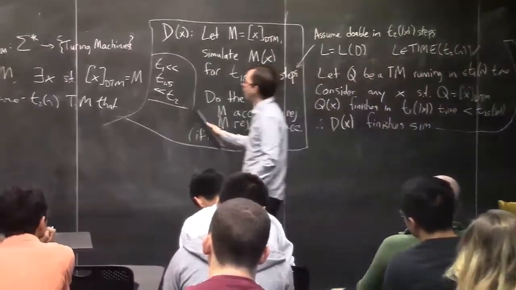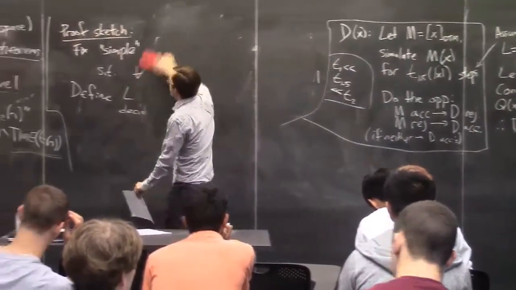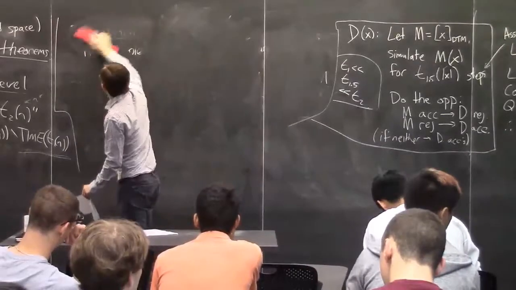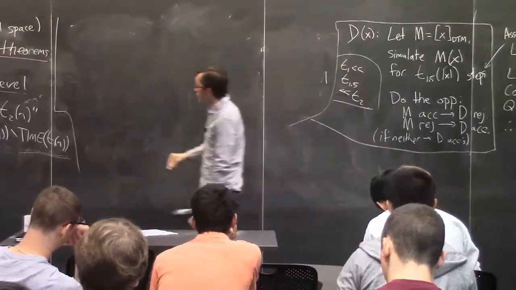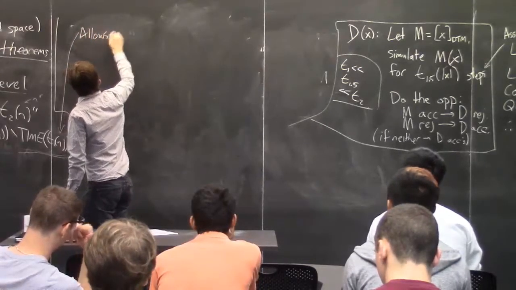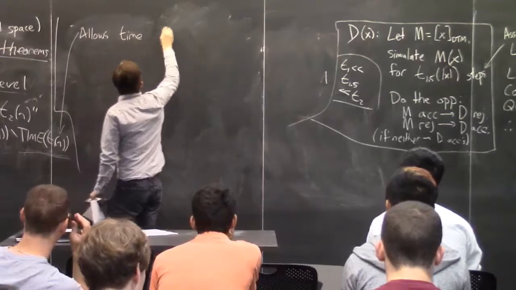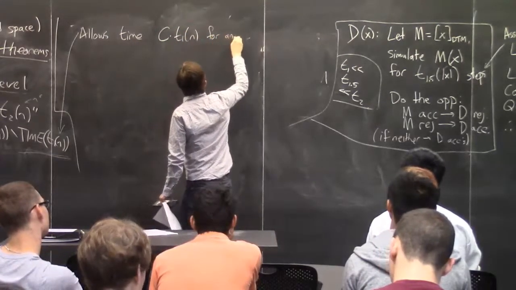Let me just write that on the board. And that makes things a little bit tricky, because we have to not just diagonalize against time literally T1 of n, but this allows for time basically c times T1 of n for any constant c.